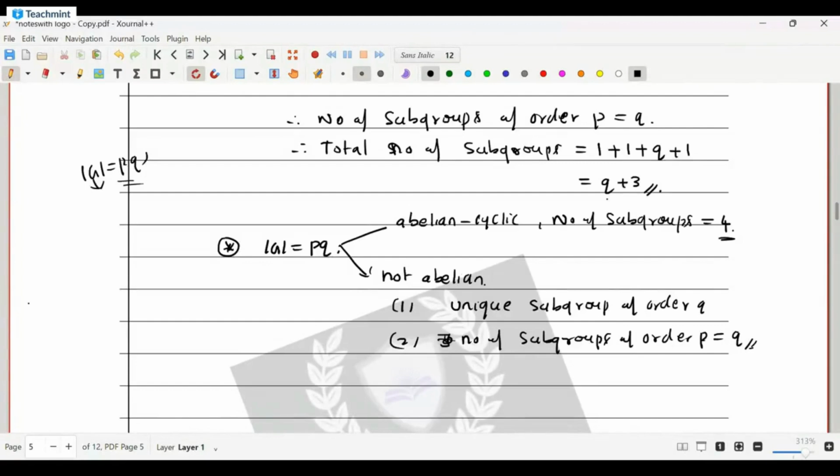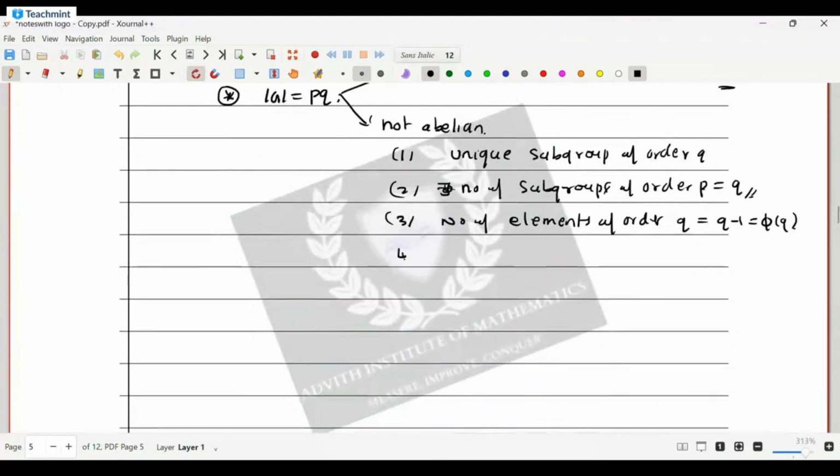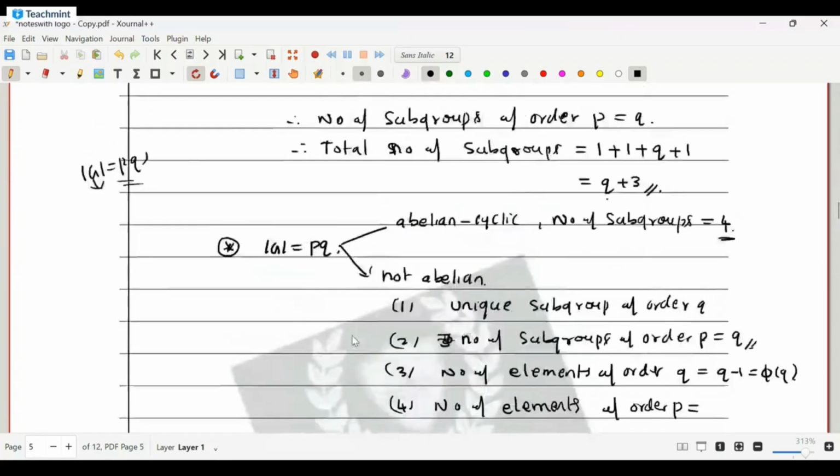అండ్ ఎలిమెంట్స్ వైజ్గా రాస్తే, నంబర్ ఆఫ్ ఎలిమెంట్స్ ఆఫ్ ఆర్డర్ Q ఈజ్ ఈక్వల్ టు Q మైనస్ 1 సార్. ఈ Q మైనస్ 1 ఏం రాయొచ్చు? phi of Q రాయొచ్చుగా. అండ్ నంబర్ ఆఫ్ ఎలిమెంట్స్ ఆఫ్ ఆర్డర్ P ఎన్ని వచ్చినాయి సార్ ఇక్కడ మనకి?